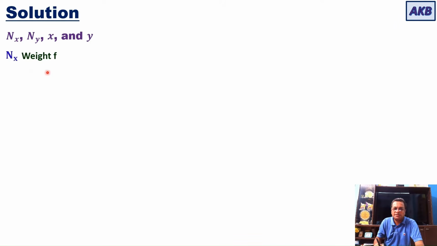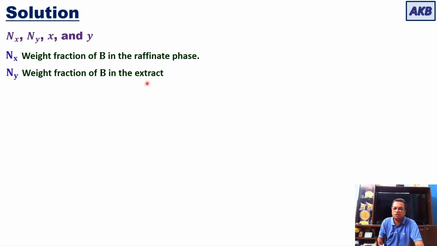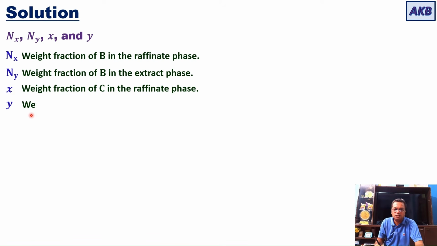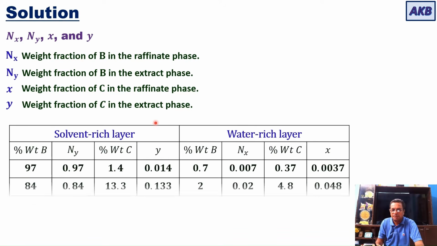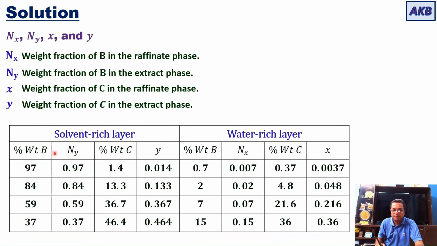Nx is the weight fraction of B in the raffinate phase. Ny is the weight fraction of B in the extract phase. Then small x is the weight fraction of C in the raffinate phase, and small y is the weight fraction of C in the extract phase.